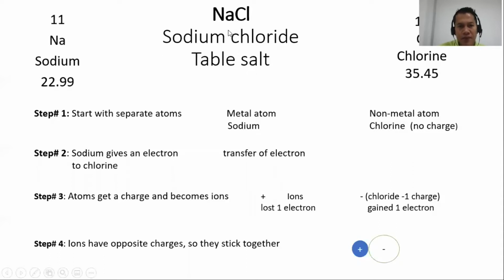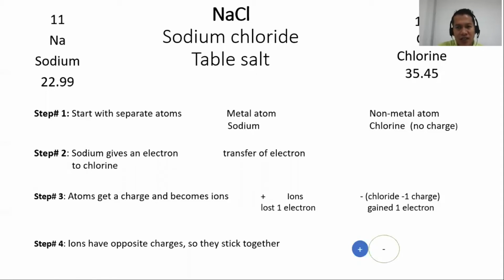Sodium chloride is made up of sodium, this is the sodium, and chlorine, this is the chlorine. I hope you can see that on our screen. Sodium has 11 protons and 11 electrons, and this is the chemical symbol and the chemical name. Same as this one. This is the symbol and the name.